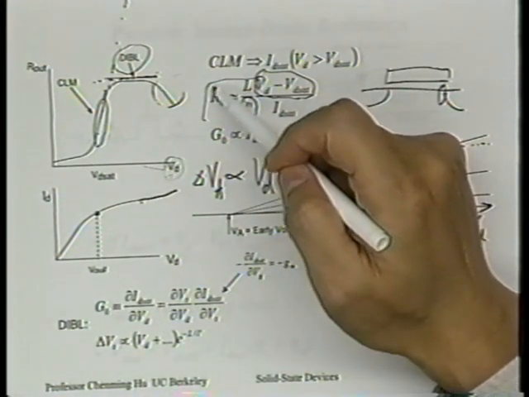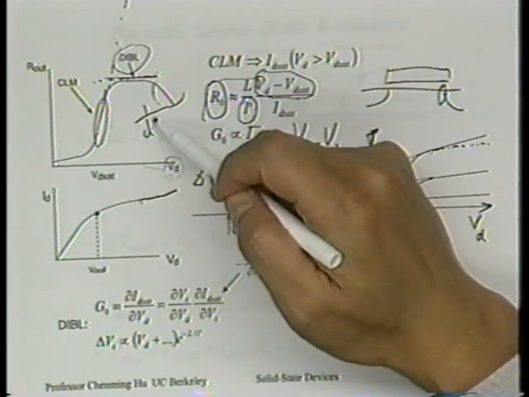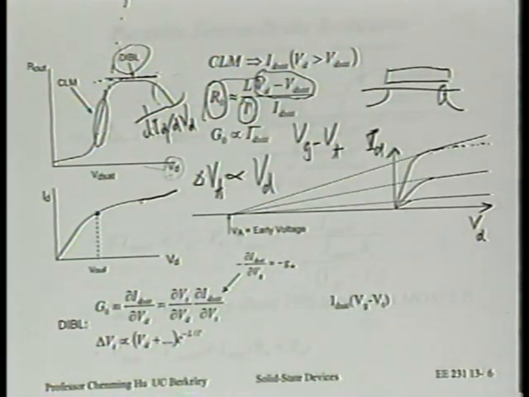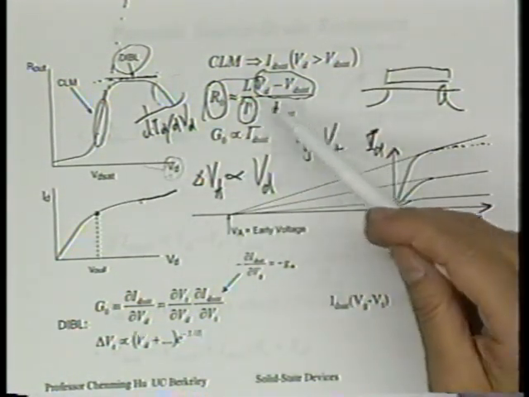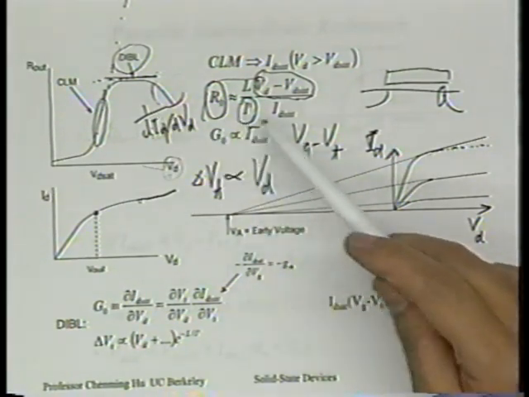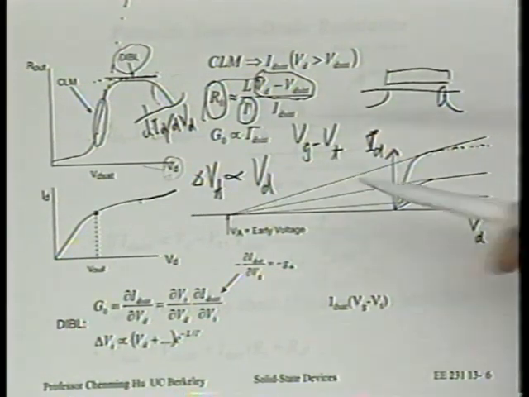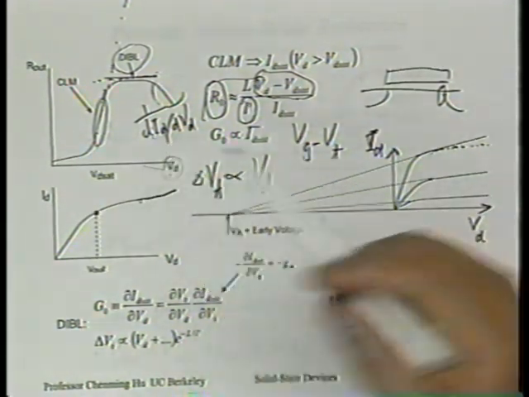We all know how R is defined, right? It's defined as 1 over dId/dVd. Let's just clarify that. So as far as this term is concerned, there's no opposing effect. The fact that ID is already a function of Tox is already included here. So if R out is the quantity you're trying to model, then there's no need to ask what the oxide thickness does to ID. It's already included in here.